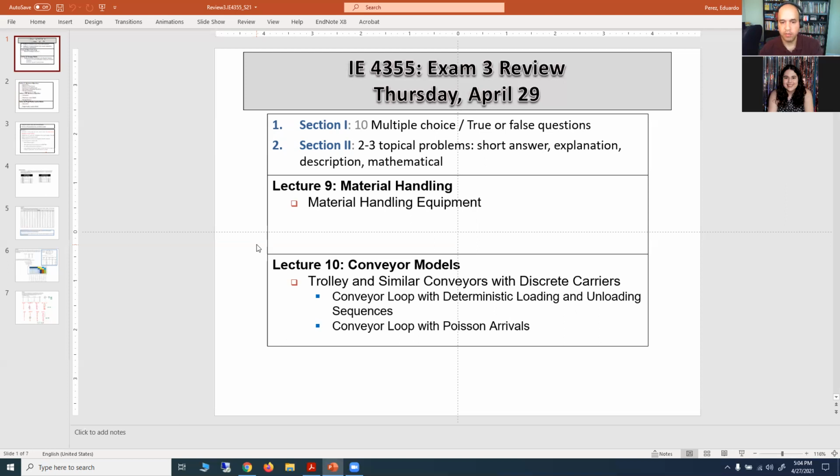Lecture 10, we talk about conveyor models, and we had an assignment for this material. These are trolley and similar conveyors with discrete carriers.